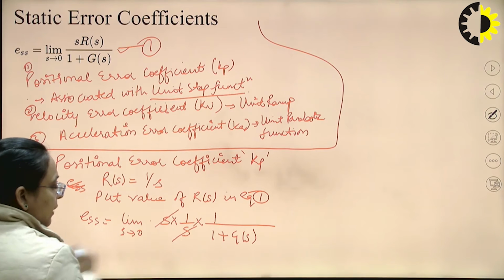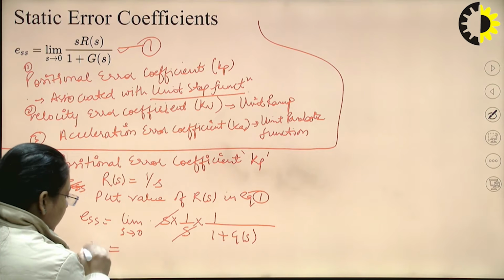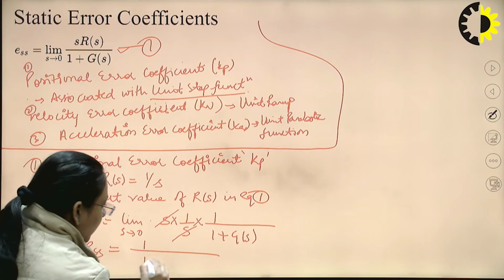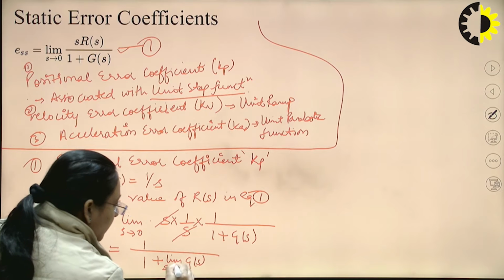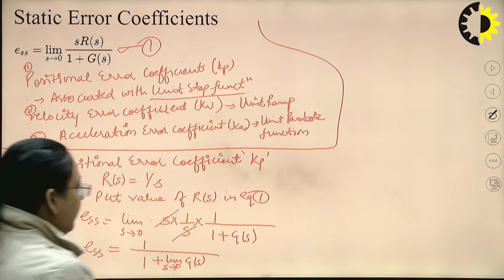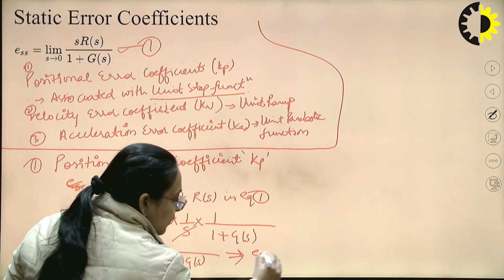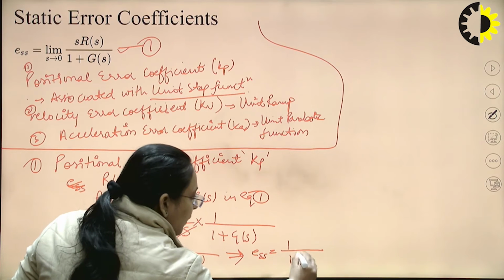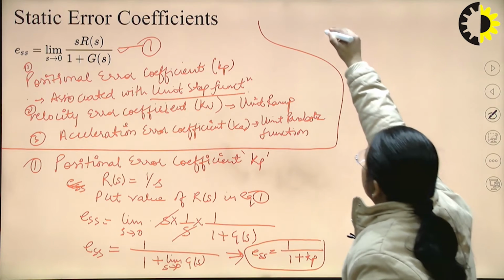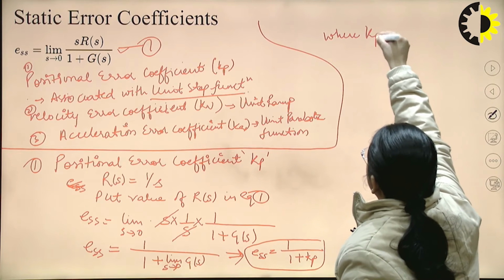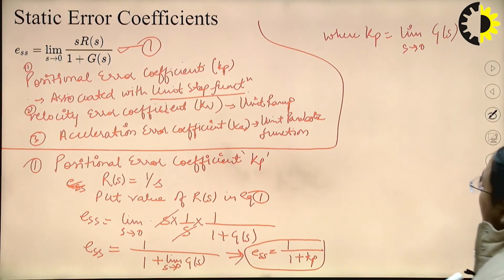This s gets cancelled out, and we can write ESS will be equal to 1 upon 1 plus limit s tends to 0 of G(s). This term can be written as ESS equal to 1 upon 1 plus Kp, where Kp is equal to limit s tends to 0 of G(s).